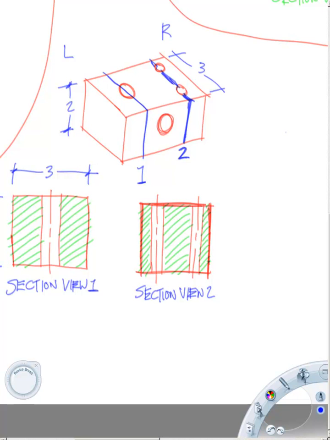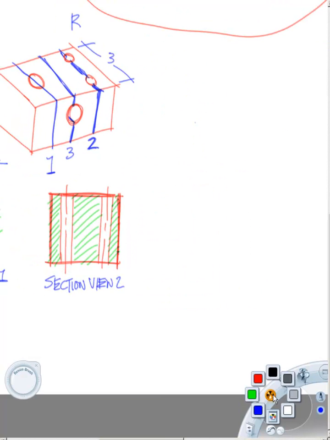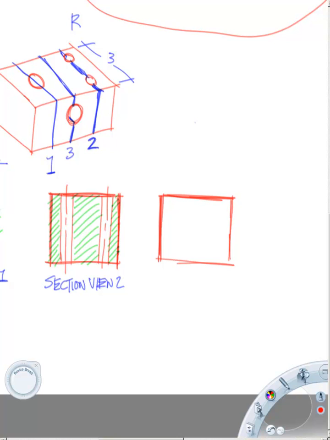Let's try again. Let's say that I give you one more and I say, here is the cut for section view 3. Go ahead and pause the video and create the section view for me. Okay. The result for section view 3 again will be 2 units this way, 3 units this way, 2 units this way, 3 units this way.